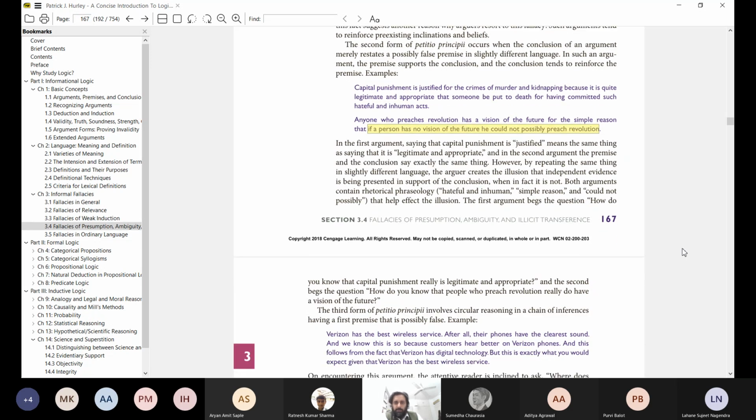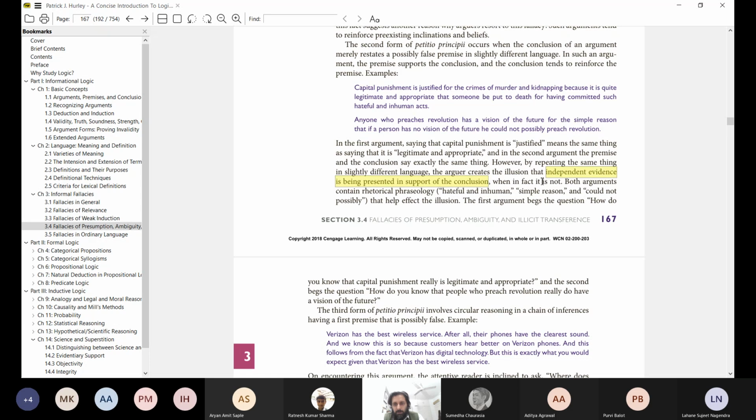Okay, so I hope that this discussion is clear. Some fun pushback, and the takeaway here again is that by repeating the same thing in different language, the arguer creates the illusion that independent evidence is being presented in support of the conclusion.